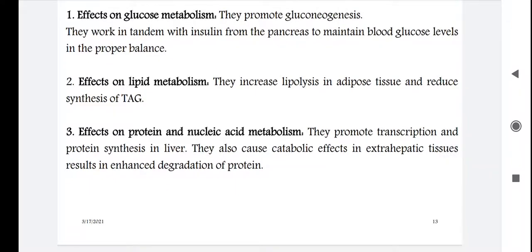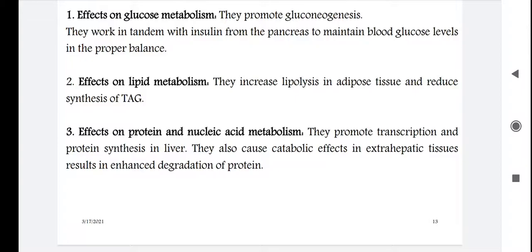Effect on protein and nucleic acid metabolism. Cortisol promotes transcription and protein synthesis in the liver. They also cause a catabolic effect in extrahepatic tissue, resulting in enhanced degradation of protein.